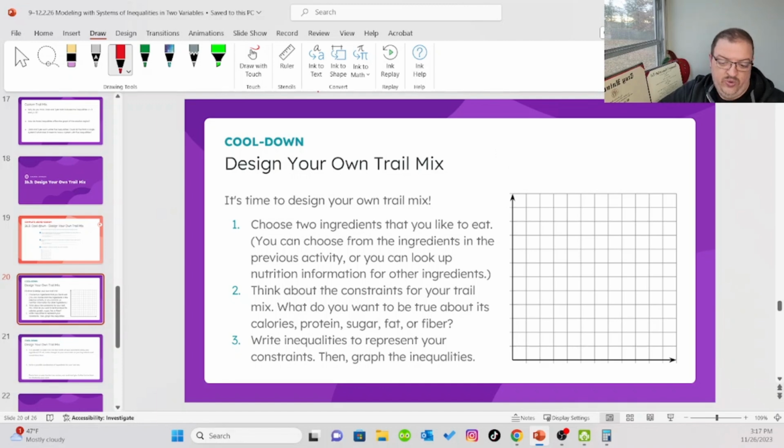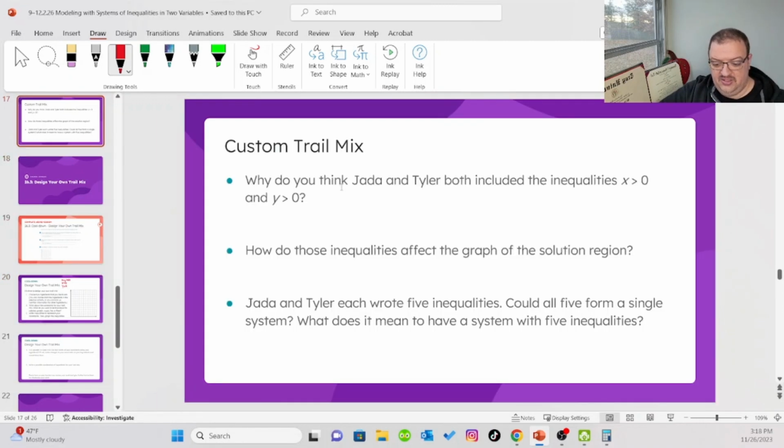So we will go ahead and stay with 3 of the original. I'll say x plus y is greater than 50, meaning I want more than 50 grams of ingredients. And we'll say that x must be greater than 0 and y must be greater than 0 because I want both ingredients. Now I need to look at the ingredient list.